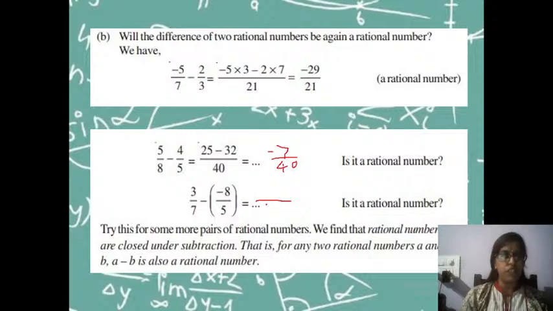You will be getting 35. 7 5s are 35. So now 3 into 5, 3 5s are 15. Then the minus sign as it is, so minus 8. 5 7s are 35, right? Into 7. 8 sevens are?